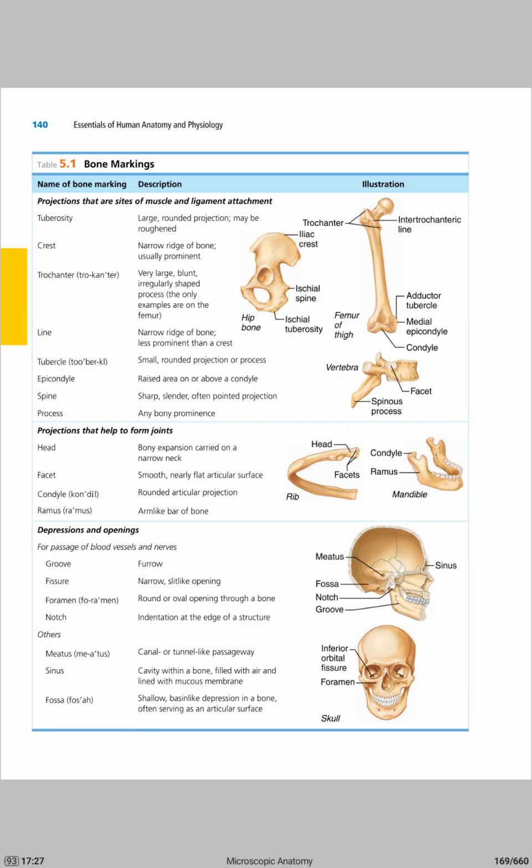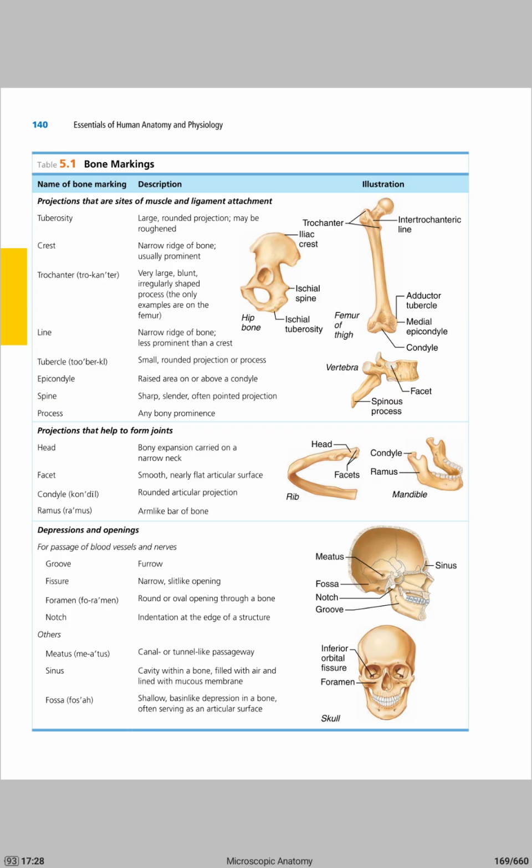And also ang bone markings kay scarred with bumps, holes, and ridges. Diri sa atoa mahibaw-an kung asa moagi ang dugo ug ang nerve, dinhi sila moagi, sa mga bone markings.